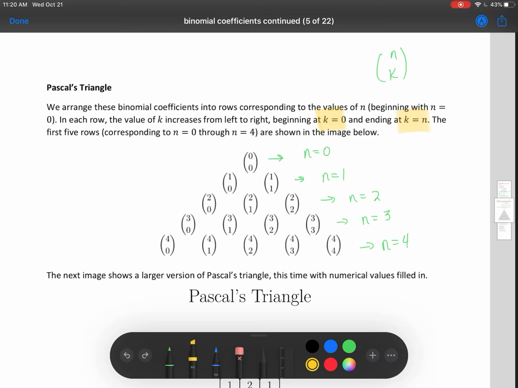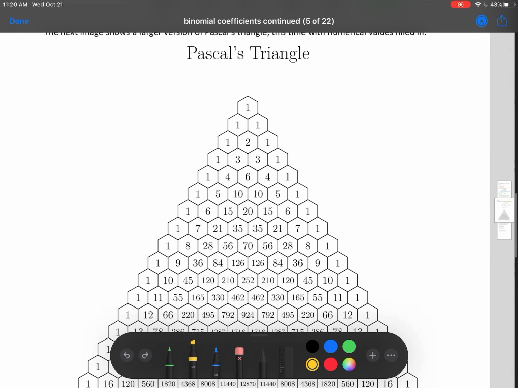All right, so each of these n choose k's, we can evaluate to an actual number. And what that looks like is this down here. So this is a picture taken from your book. I forget what page it's on, but you can find it in your textbook and also right here.